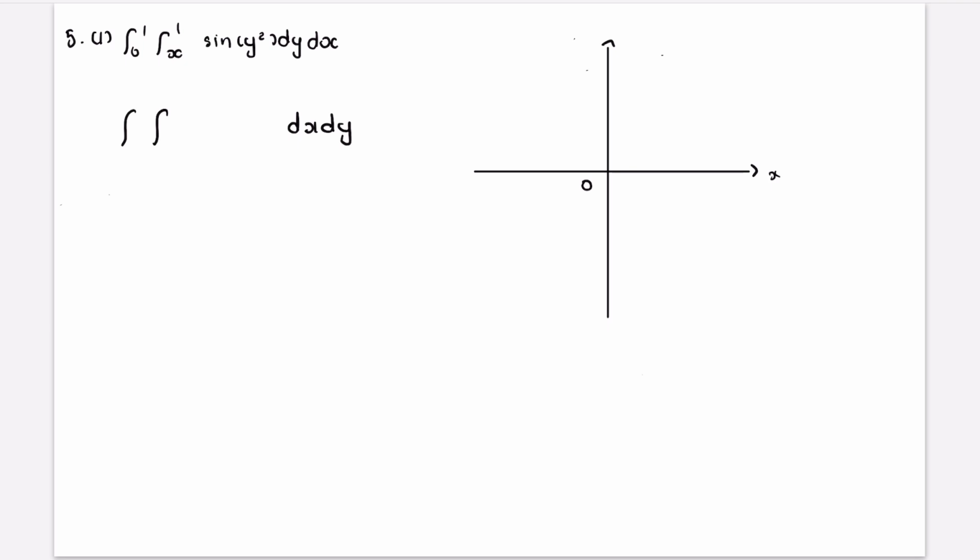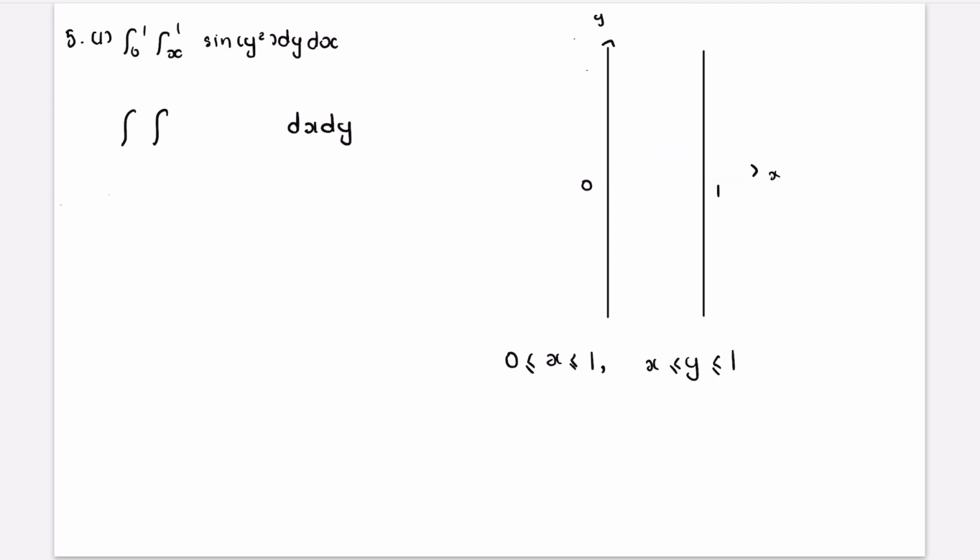The given is x between 0 and 1, and then y is between x and 1, right? So first thing is x between 0 and 1. So there must be just this, right?